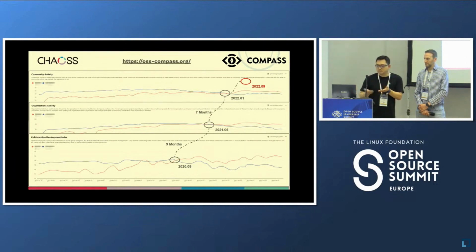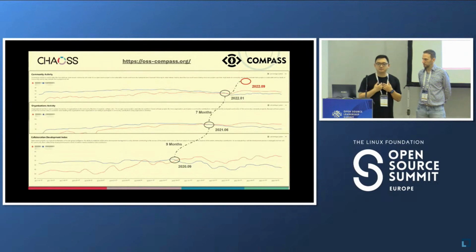So what can you do if you are a community manager in this case? When I notice the CDI have such a very obvious change, I need to find the root cause. What happened in my community?